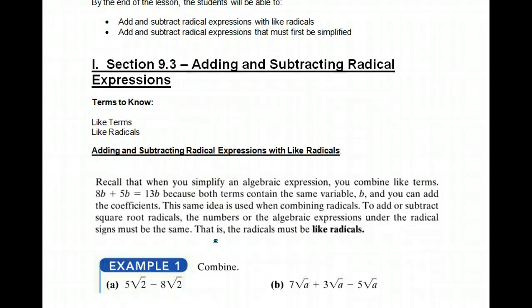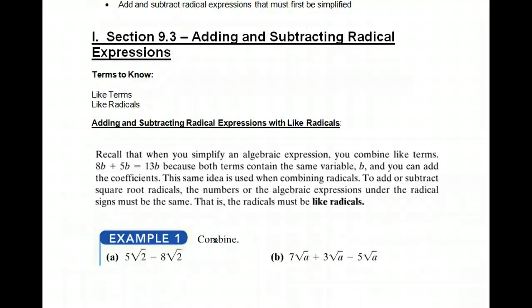So I do want to refresh your memory real quick on what a like term is in algebra. A like term is considered to be any term that contains the same variables and the same exponents. That means that those terms, when looking only at the variable and exponent portions, are like mirror images of each other.